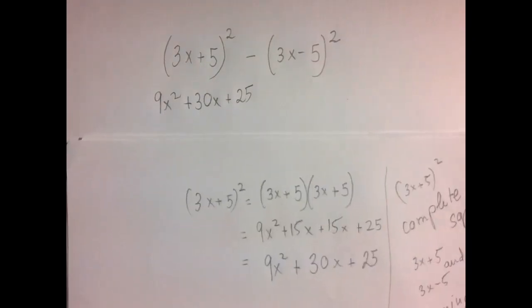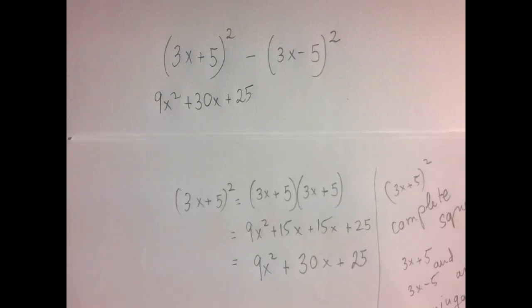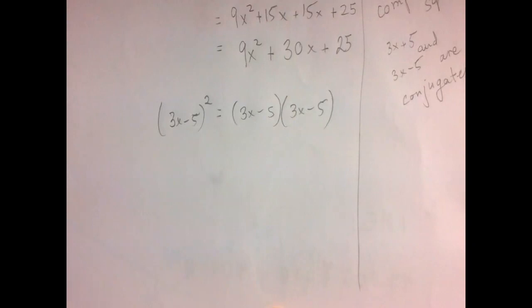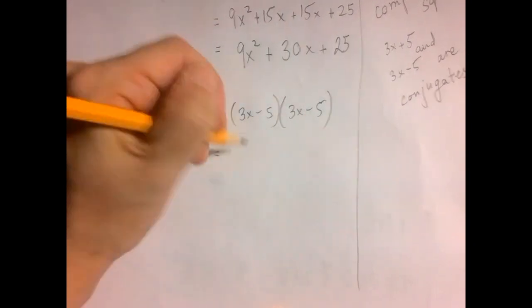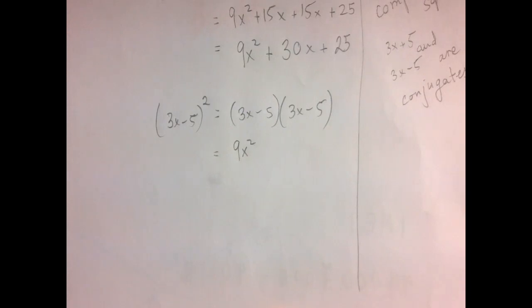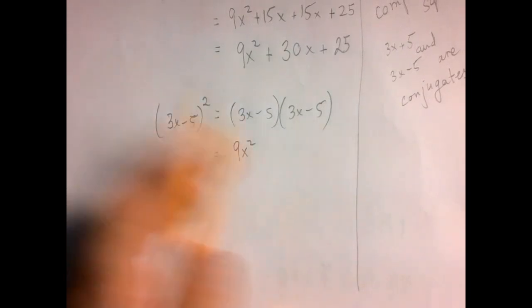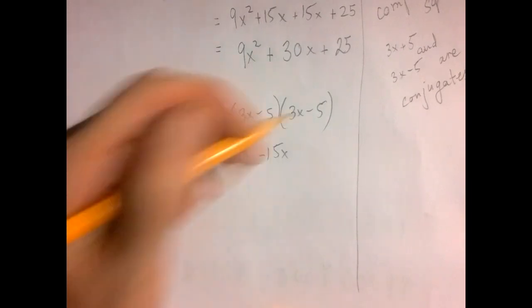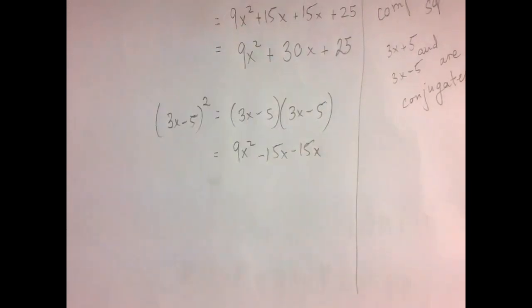Now let's compute the other complete square. To square something means write it down twice and multiply. And now we FOIL. 3x times 3x is 9x squared. 3x times negative 5 is negative 15x. Negative 5 times 3x is another negative 15x.